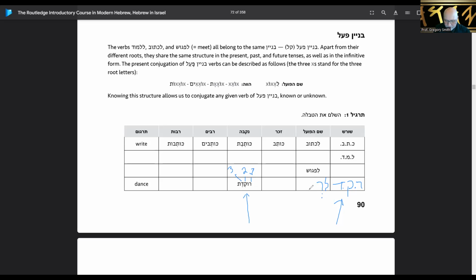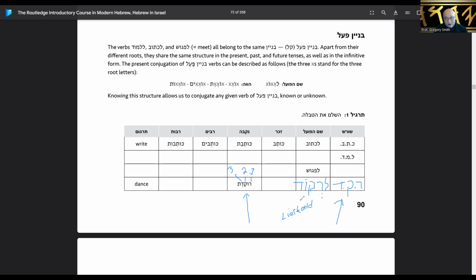So we have lir, and then we have a Holem, and it ends with a Dalet. Lirkod, so it's like kod, lirkod, kind of like that. L-I-R-K-O-D, lirkod. That's kind of how that's pronounced.